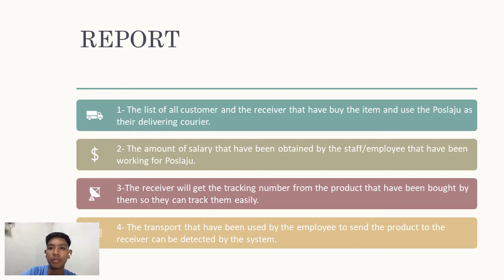The receiver will get the tracking number from the product that has been bought by them, so they can track it easily. And for the last, the transport that has been used by the employee to send the product to the receiver can be detected by this.